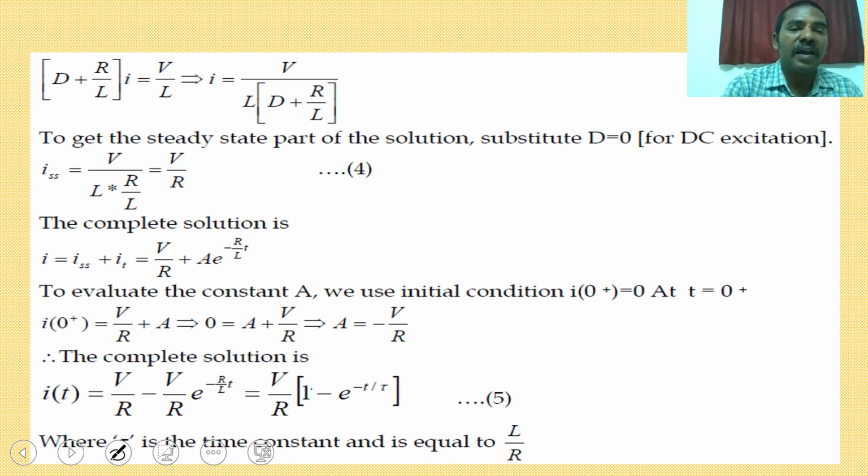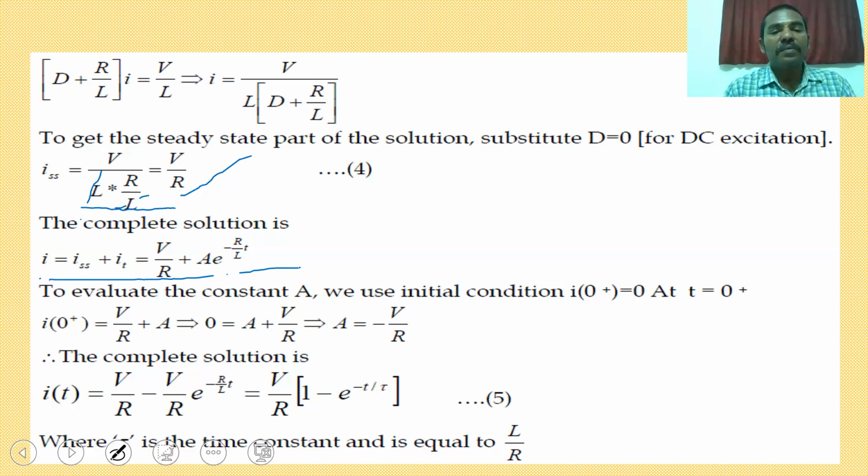So finally L into R by L, the L and L get cancelled, and you get i equal to V by R. This is your particular integral value, and it is also the steady state value. The complete solution is the steady state value plus the transient response value: V by R plus A into e power minus R by L into t.